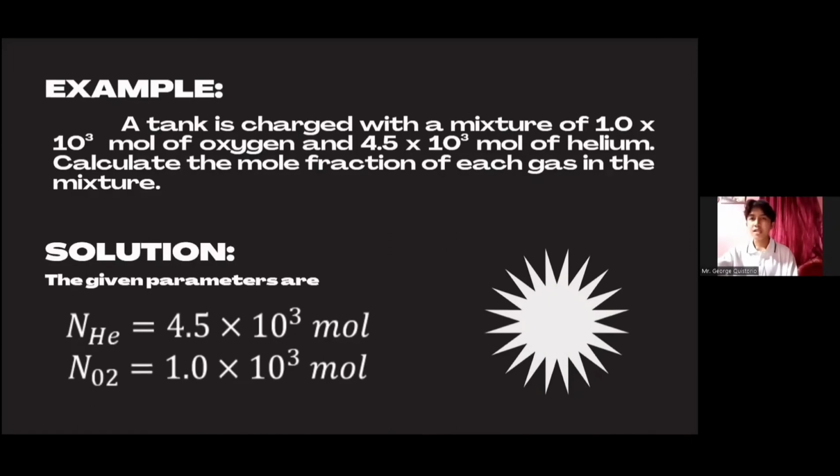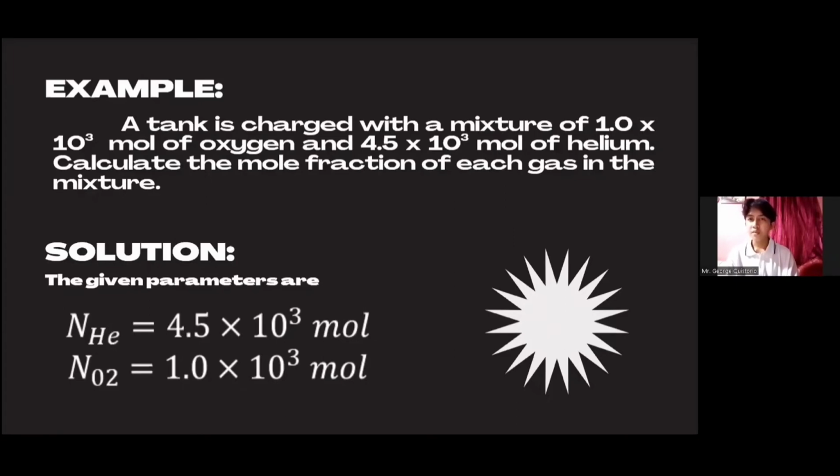Example. A tank is charged with a mixture of 1 times 10 cubed mole of oxygen and 4.5 times 10 cubed mole of helium. Calculate the mole fraction of each gas in the mixture. The first thing to do is identify the given parameters in the problem. Then, identify what is solute and solvent.